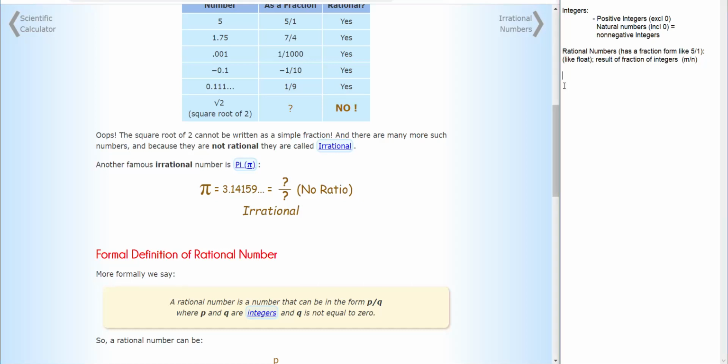So irrational numbers are numbers that do not take a fraction form, like pi, like square root of 2, or pi, 3.14, and so on.